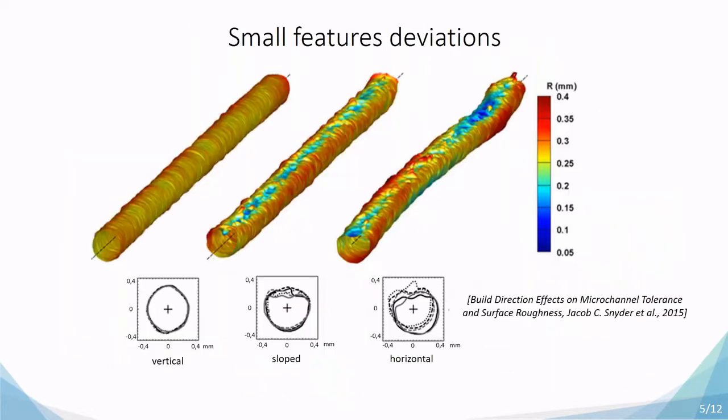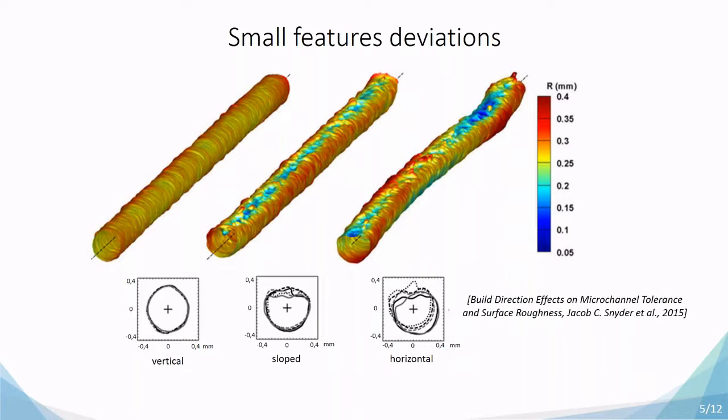So these errors are typically small, in the range of 100, maximum 200 microns. So in general, they're not relevant for big parts like the injection mold that we've seen before, because the tolerances are high enough. But they become quite relevant for a small feature like the microchannel shown here. This channel is 500 microns in diameter.